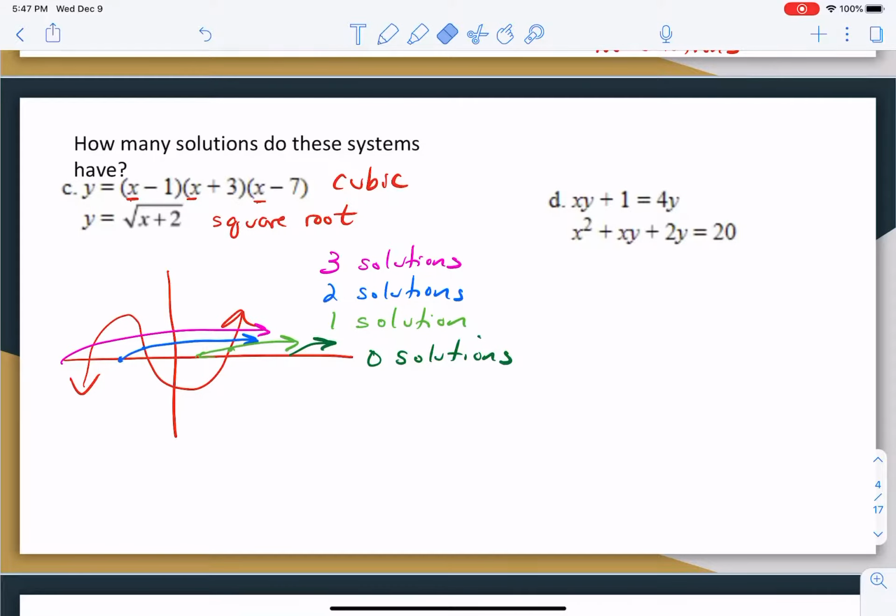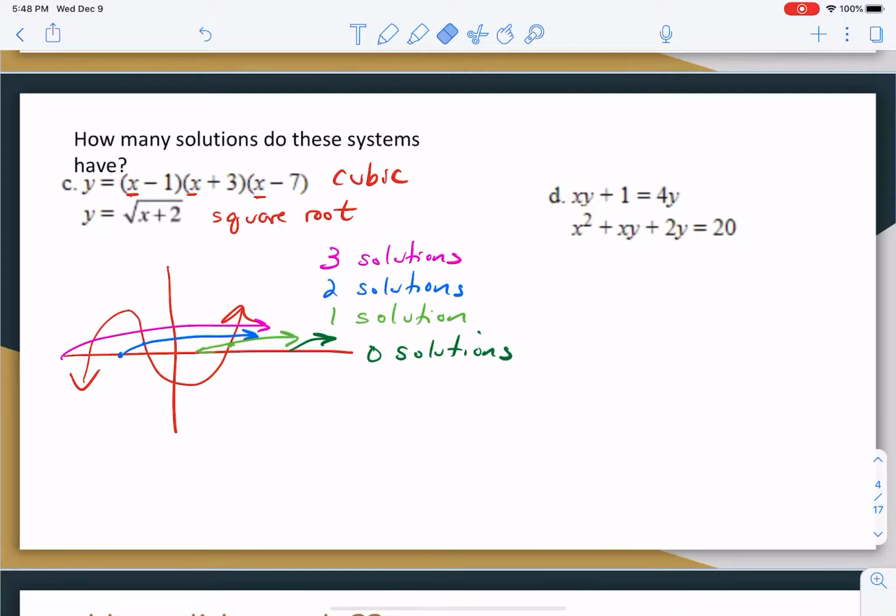And lastly, in problem D, since I have x and y multiplied together, I know that I have a rational function. In the second equation, I also have a rational function. So remember, a rational function has two pieces separated by asymptotes.